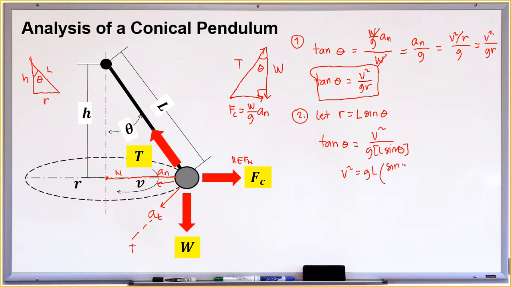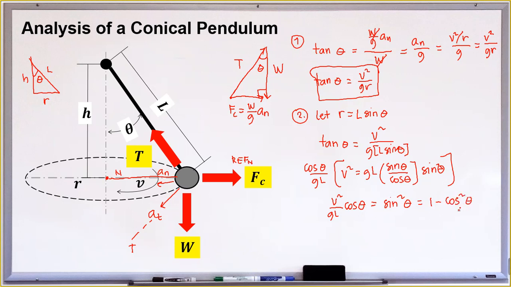Now, if we cross multiply, we have V squared equals gL. The tangent of theta can be written as sine theta over cosine theta. Then we have sine theta, so therefore it becomes sine squared. So we can multiply both sides by cosine theta over gL. So it becomes V squared over gL cosine theta equals sine squared theta. But sine squared theta is also equal to 1 minus cosine squared theta.